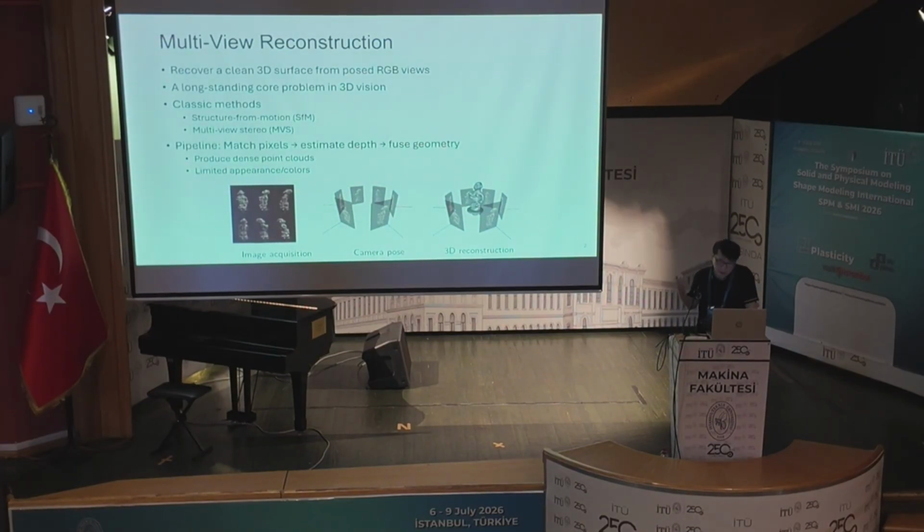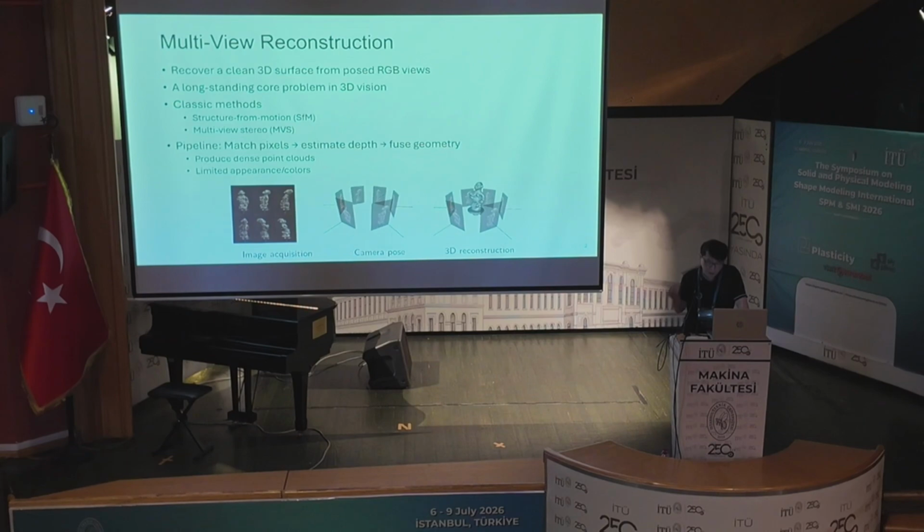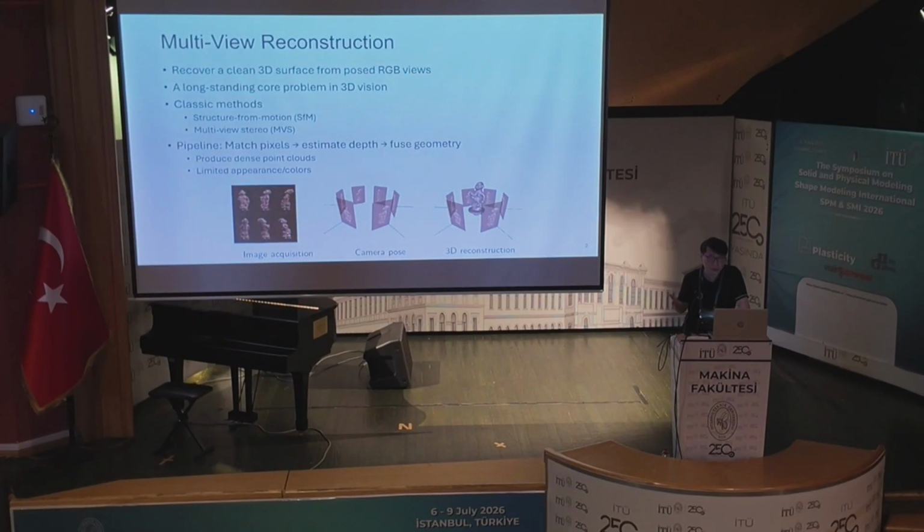However, these methods also have limited capability in terms of appearance modeling, and the reconstruction quality may be low because we can see artifacts such as holes, noise, or inconsistent geometry. So this actually motivates learning-based approaches for multi-view reconstruction.